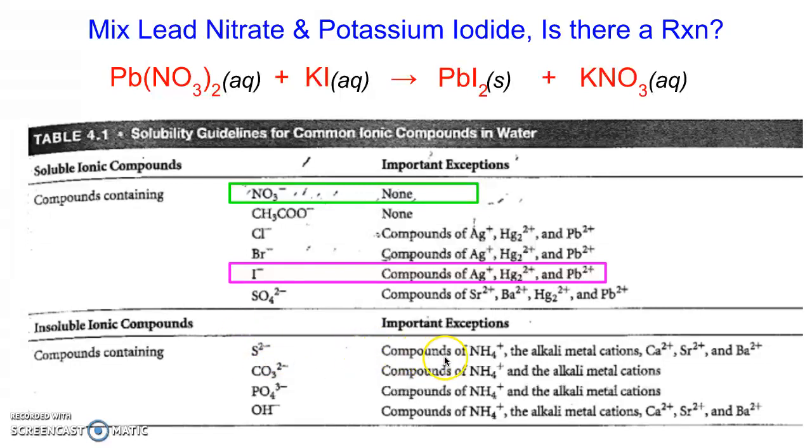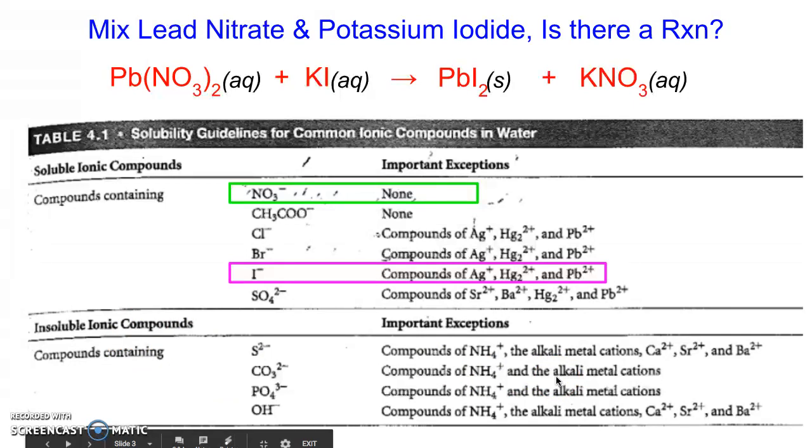And if I saw an exception, I would say that, oh, that means that it's soluble. So for example, if this was potassium sulfide, I would say, okay, so sulfides are insoluble with the exception of alkali metal cations. Guess what? Potassium is a group 1 metal. That's an alkali metal. So I know that, hey, guess what? Potassium is soluble, not insoluble. So just be careful about where you are on the chart.